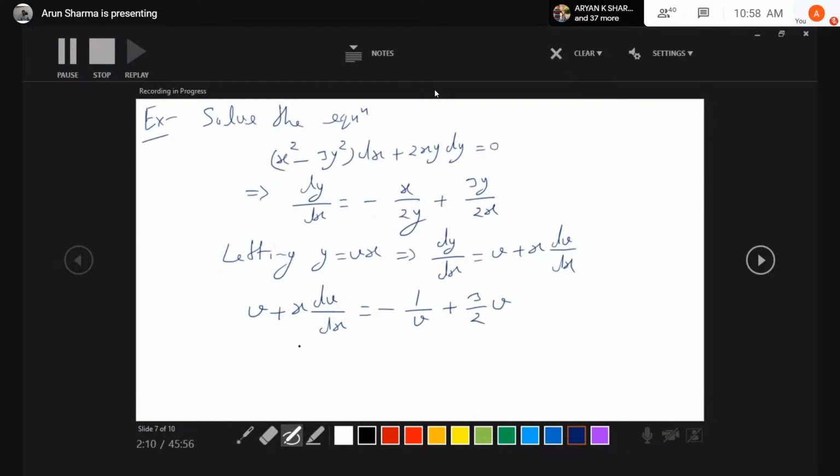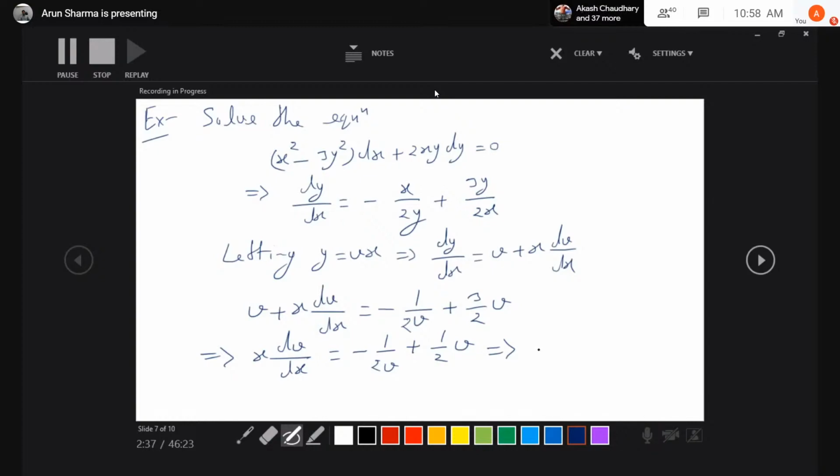Okay, so this implies x dv by dx equals, yes sir, minus 1 upon 2v plus 3 by 2v minus v, so it will become 1 upon 2v.